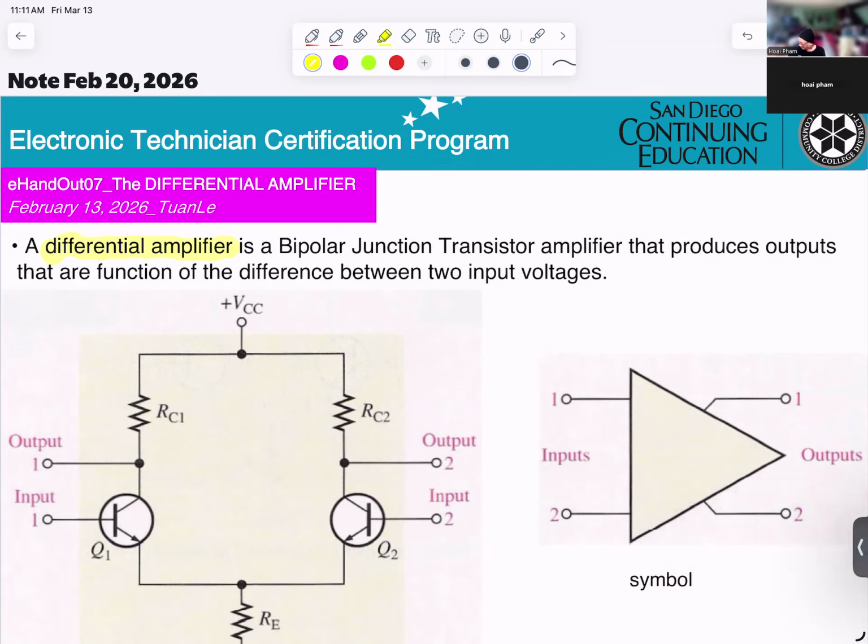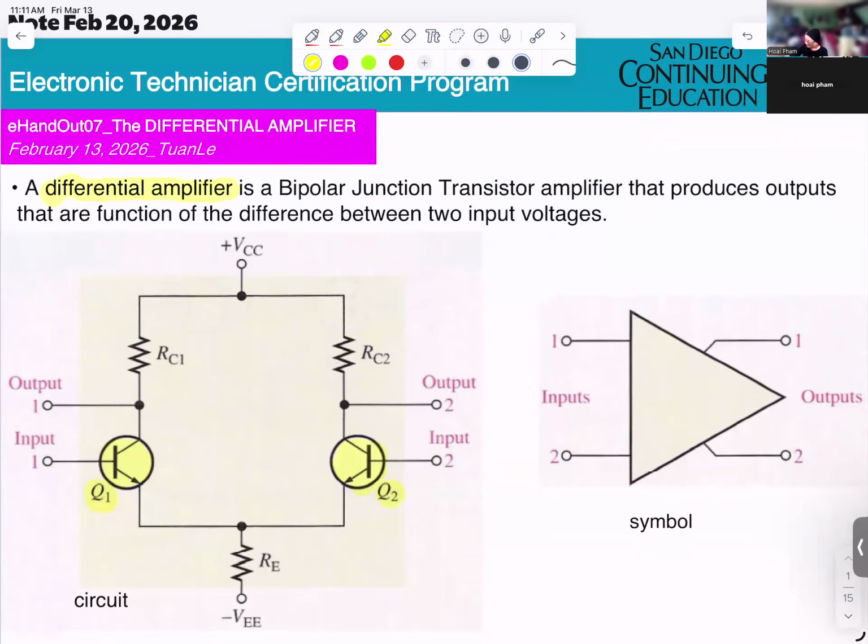Okay, now you're looking in here. You can see we have one transistor Q1 and another transistor Q2. If you look into the circuitry connected, what is Q1 amplifying?